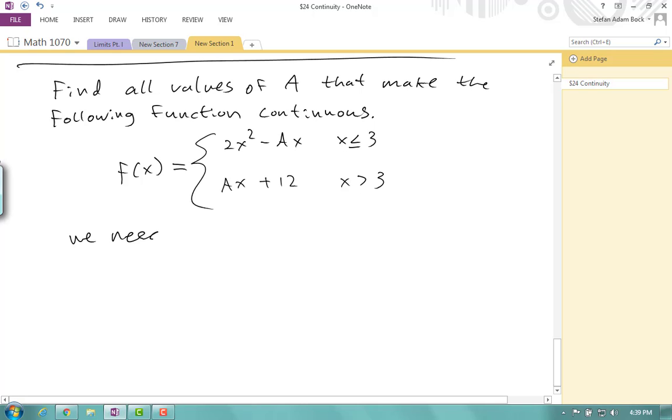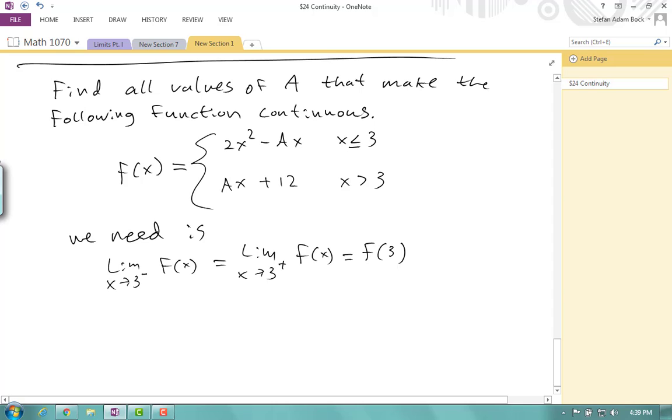So what we need is the limit as x goes to 3 from the left of f of x to be equal to the limit as x goes to 3 from the right of f of x. And we need that to be equal to f of 3.